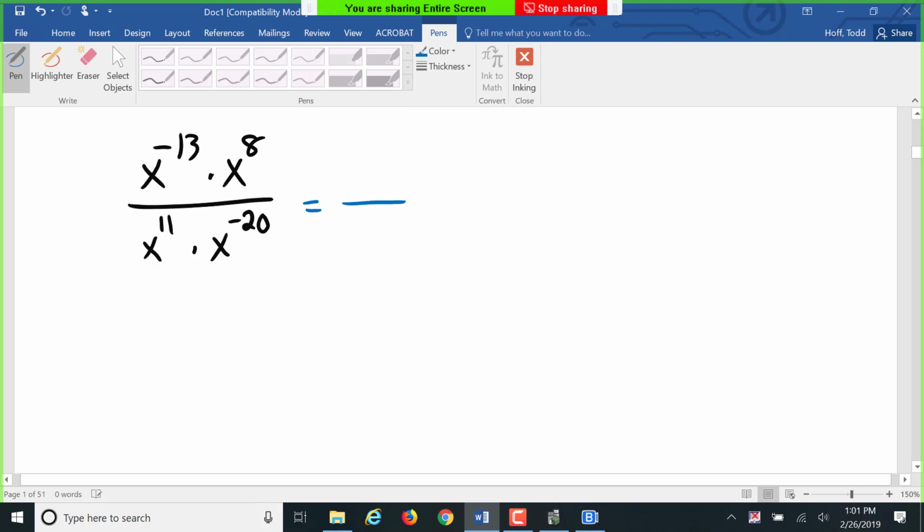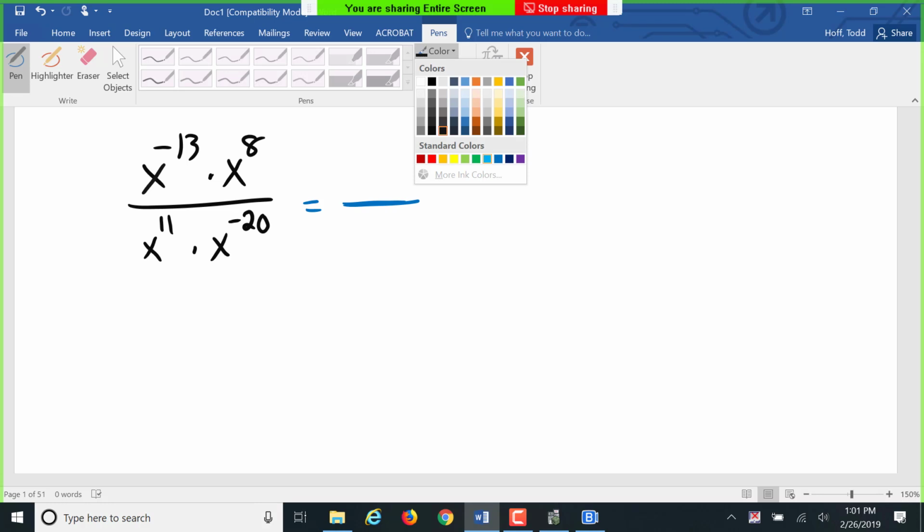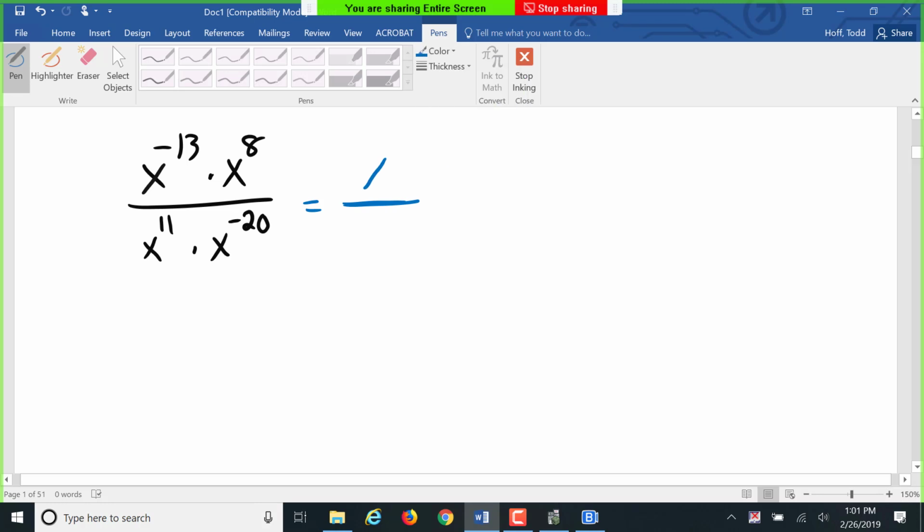So, looking at this one, a little bit more interesting. X to the negative 13th times x to the 8th is x to the negative 5, good. X to the 11th times x to the negative 20th is x to the negative 9.